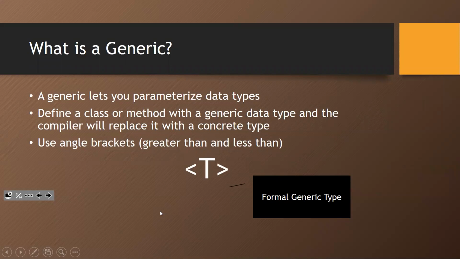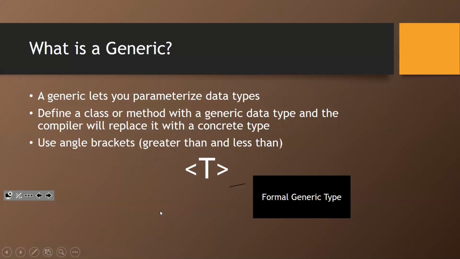So any place in our code that we would specify a data type, like int or double, we can use this generic specifier instead. It's like a placeholder for that. Then, when the compiler compiles our code, it will determine what data type should really be there, and it'll replace this placeholder with that data type, like int or double.